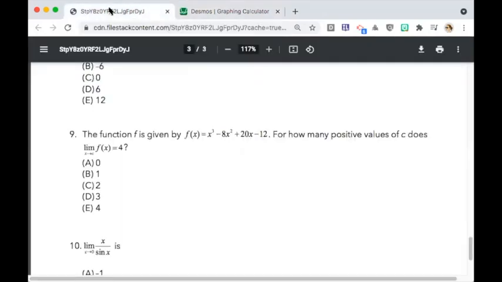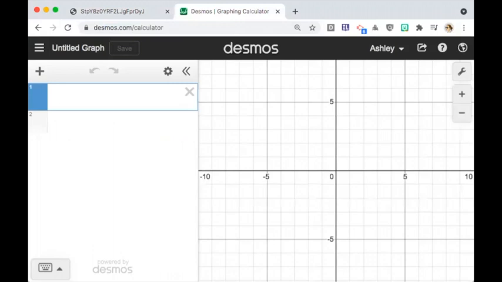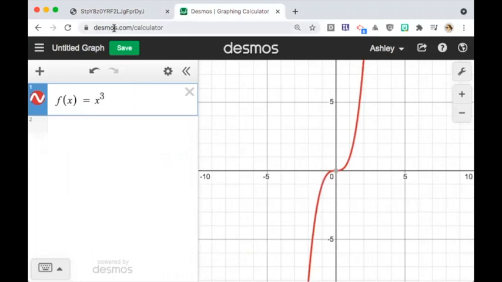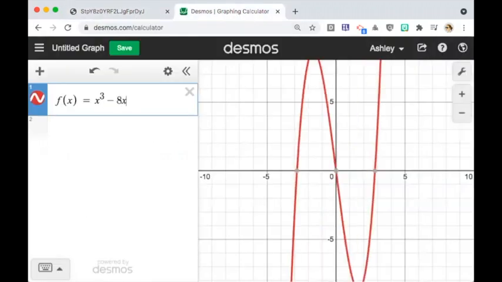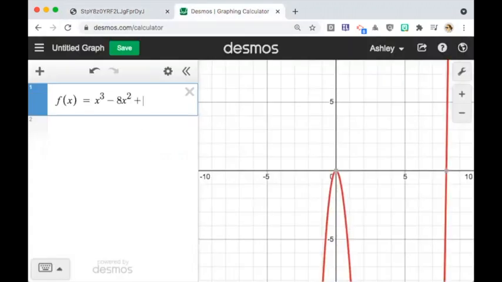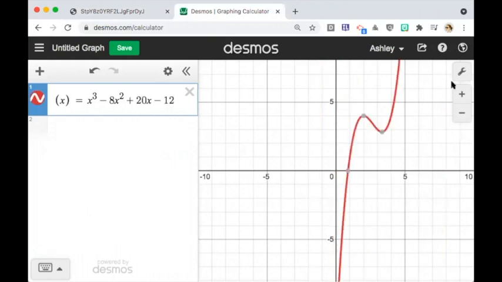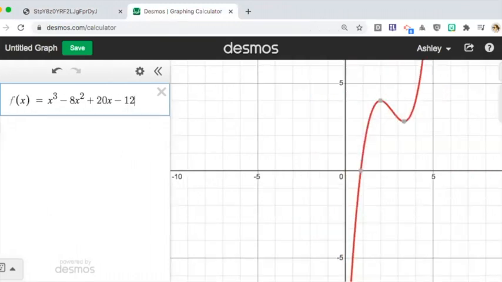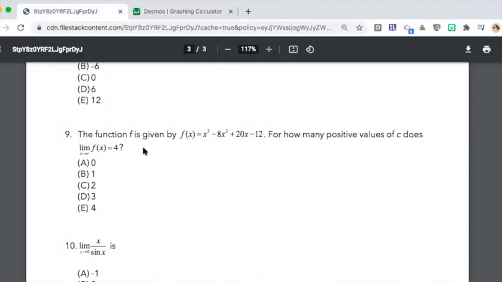Okay. And so we have f of x equals x cubed. Okay. And then we're going to have minus x squared. All right. Plus 20x minus 12. All right. So what you're going to see right here is we're looking at how many times, from the left and the right side, is it going to be positive x values?